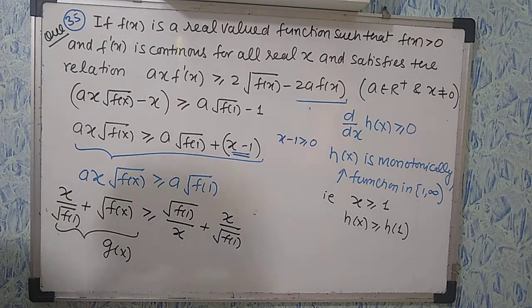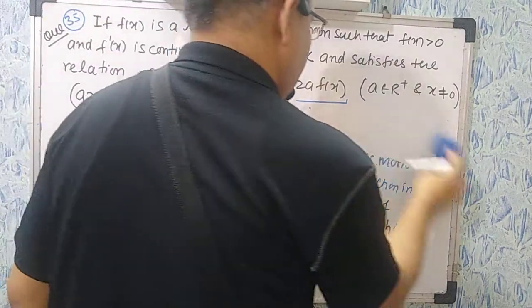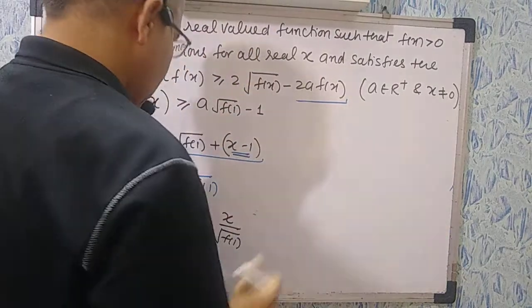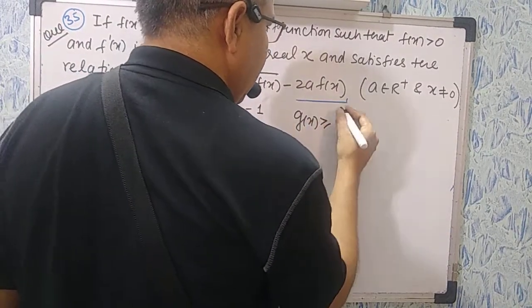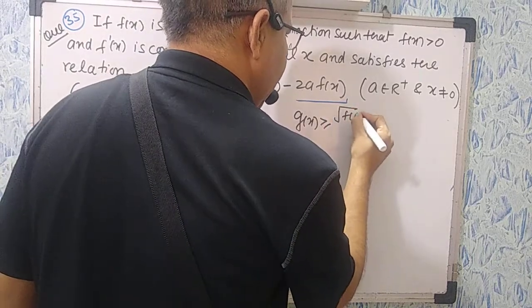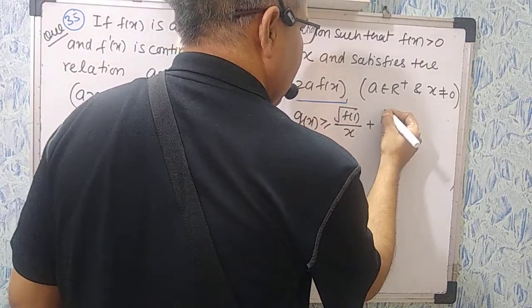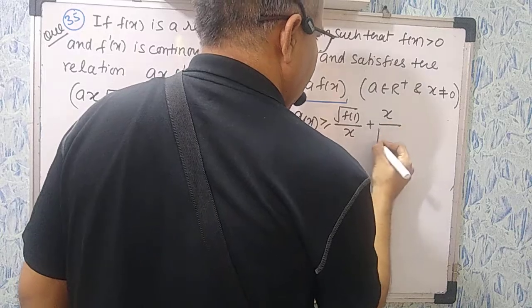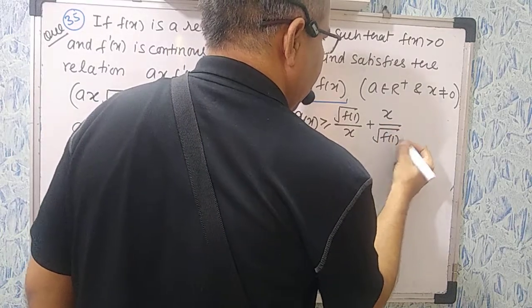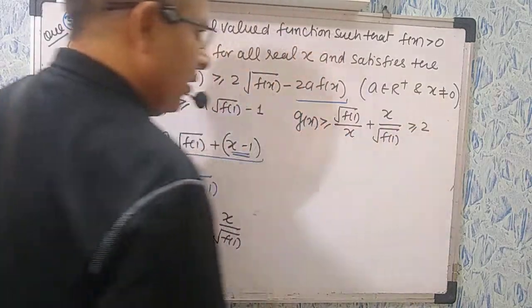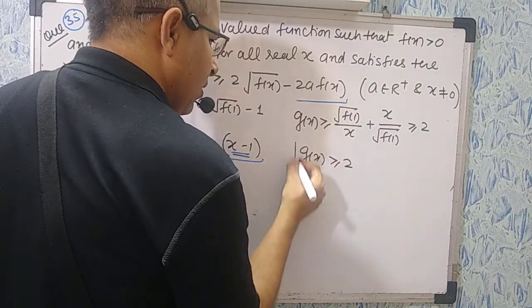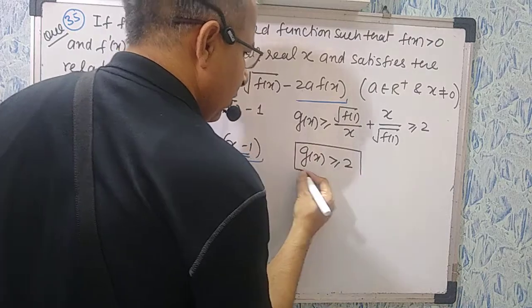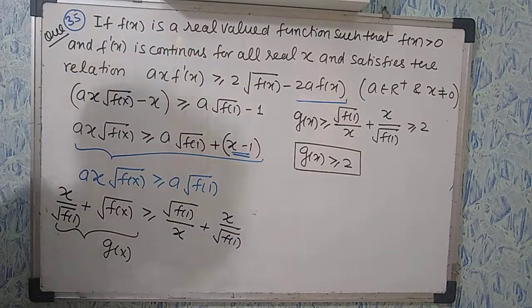So we get g(x) ≥ √f(1) divided by x plus x divided by √f(1), and this is also greater than or equal to 2. So we get g(x) ≥ 2. So the minimum value of g(x) is 2.